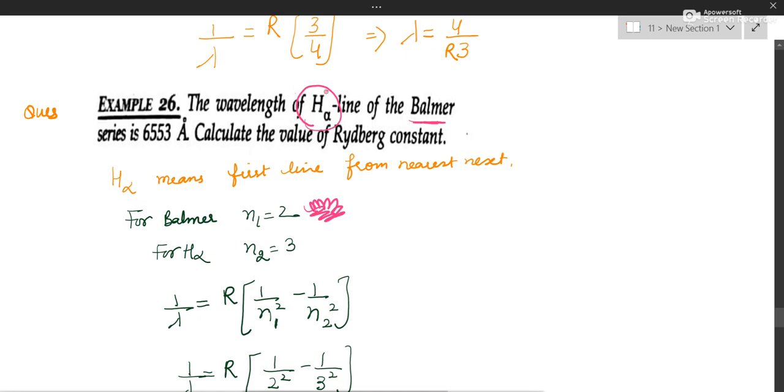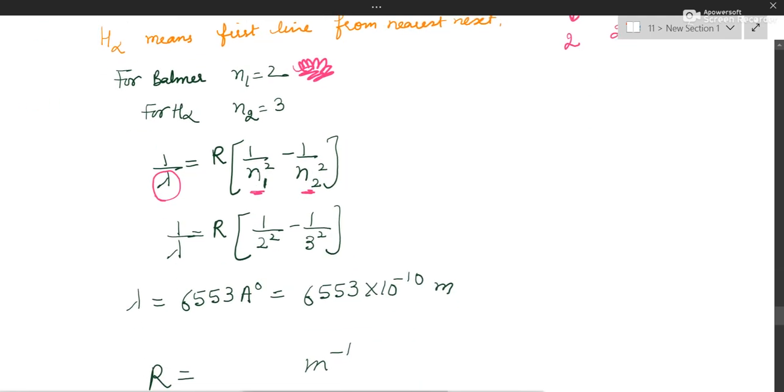Now the hydrogen alpha line is when the transition is made from 3 to 2, 4 to 2 is the beta line, and similarly. Again, this wavelength is given, N1 and N2 you know, so you can find the Rydberg constant.